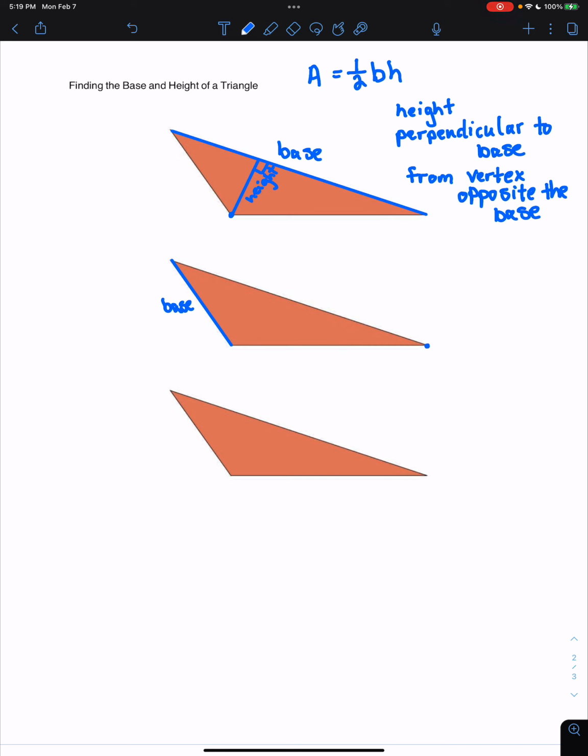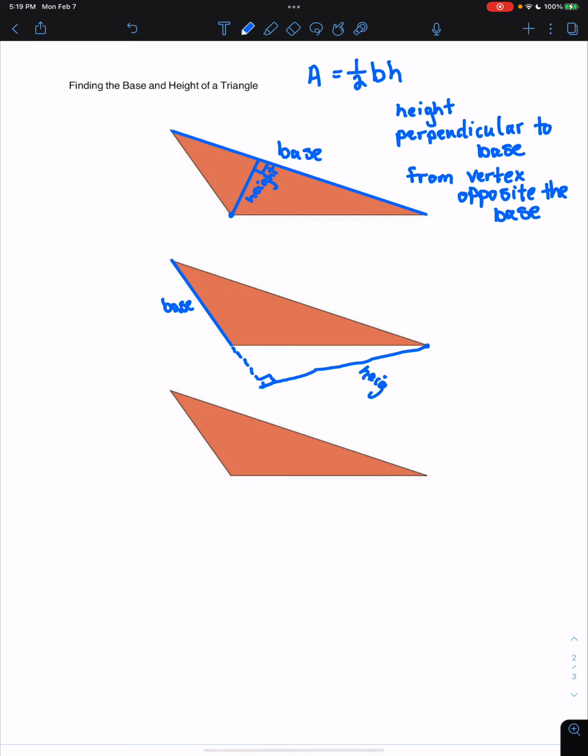I almost have to extend my base out here a little bit to find my 90-degree angle. I'm not doing as good a job of drawing a straight line this time, but you kind of get the idea that my 90-degree angle would come out that way. So this would be my height.